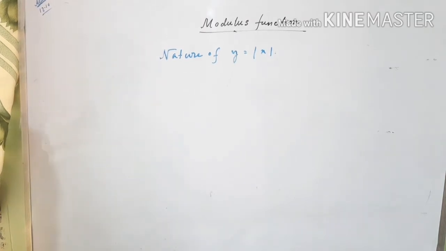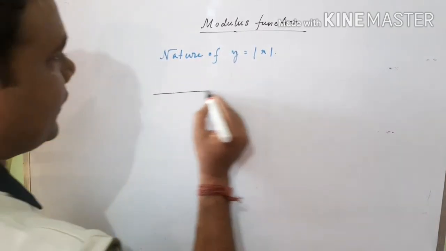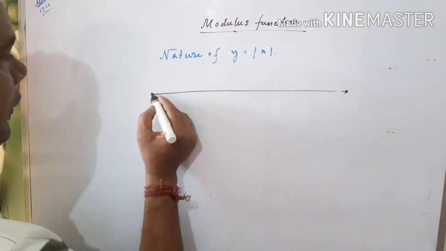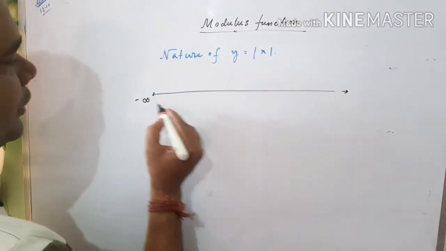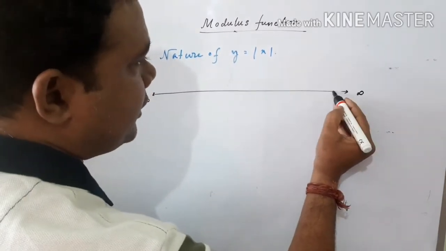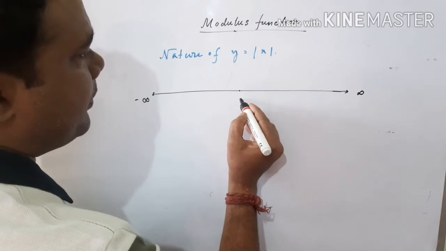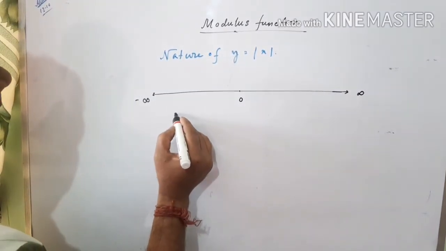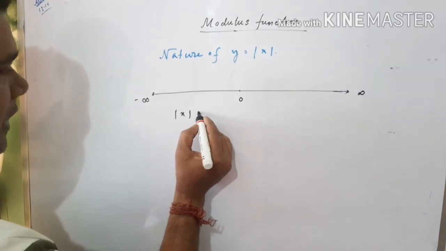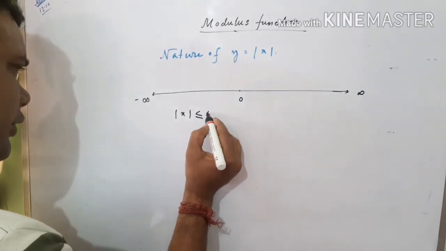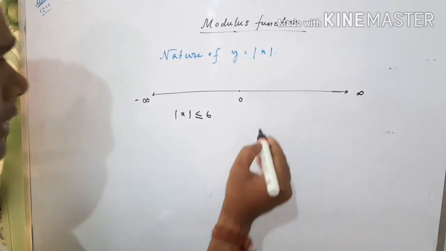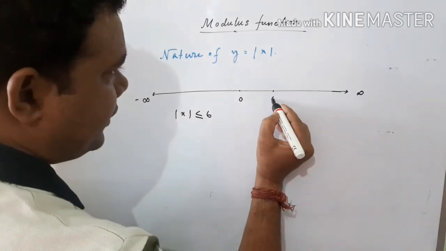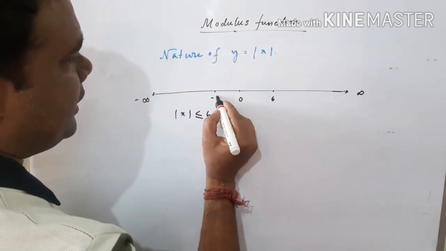Now we shall discuss the nature of mod x. To discuss the nature of mod x, let us first draw the real line which is extending from minus infinity to plus infinity, and here is the point 0. Now let us discuss what will happen if we take mod x less than or equal to 6. Think that here is the point 6 and here is the point minus 6.